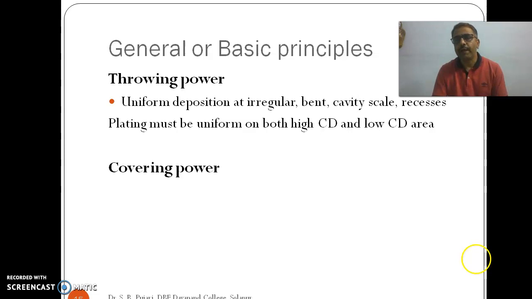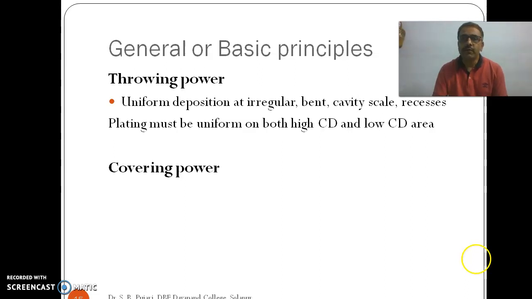And when you apply a particular current through the electrolytic bath, the thickness is never equal on the high current density area as well as the low current density area. That means you will get more thickness on the high current density area and less thickness on the low current density area.